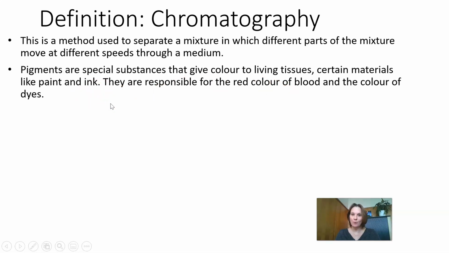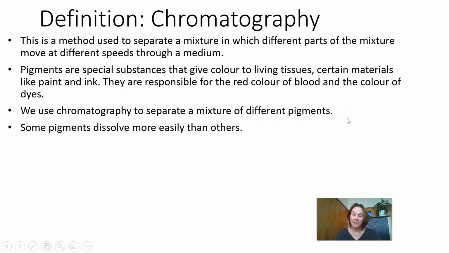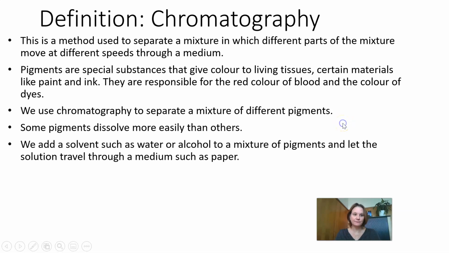Right, let's go back. What are we trying to do? We are trying to separate a mixture in which different parts of the mixture move at different speeds through a medium. So we want blood to move at a different speed, or paint and ink to move at a different speed. But why, you may ask? We use chromatography to separate a mixture of different pigments. Some pigments dissolve more easily than others.